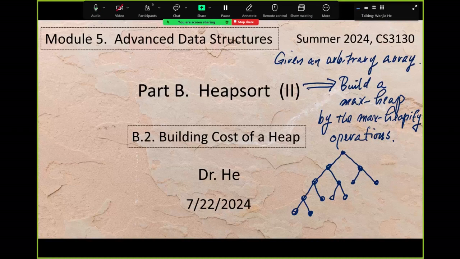Last time I gave you one concrete example to show you how to build a heap from an arbitrary given array. Remember the order. We apply that max heapify operation in a certain order: bottom up, from right to left, local triangle by local triangle.